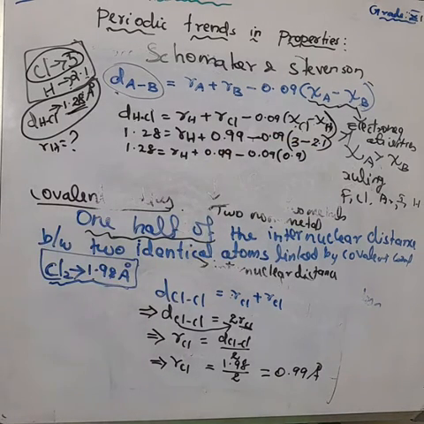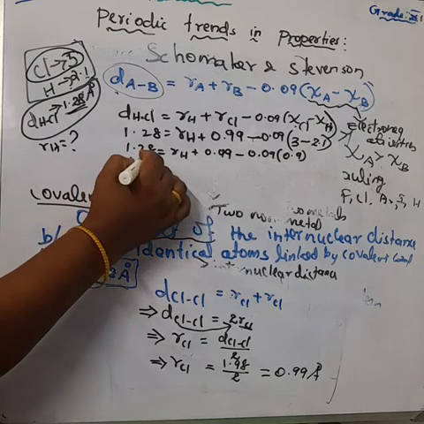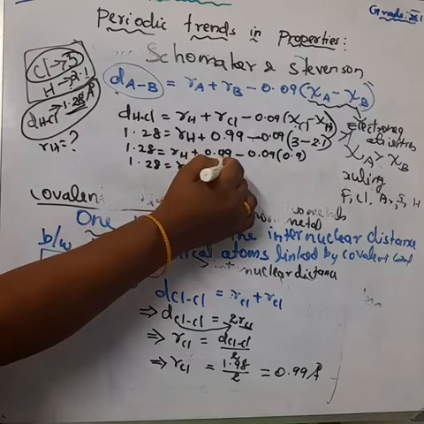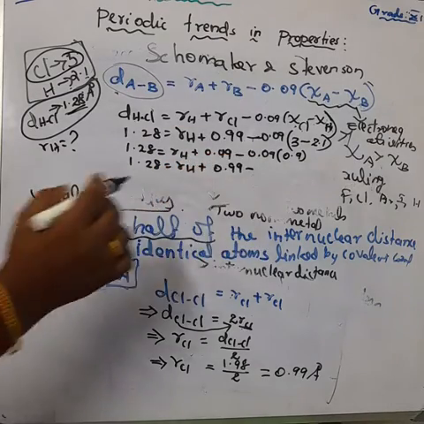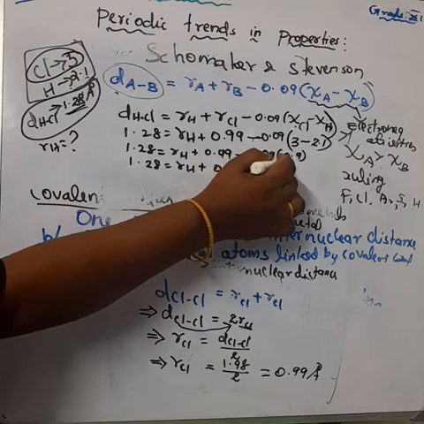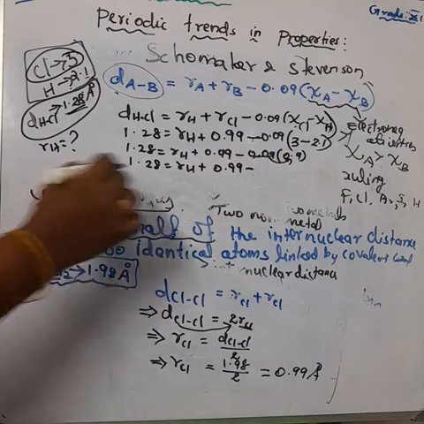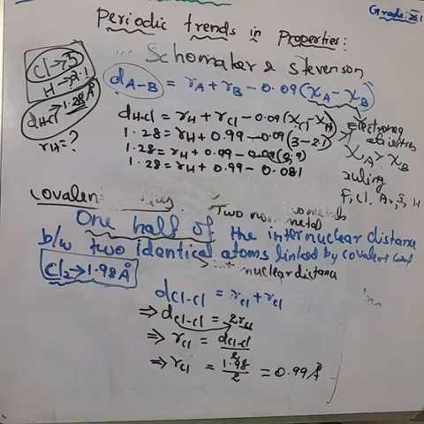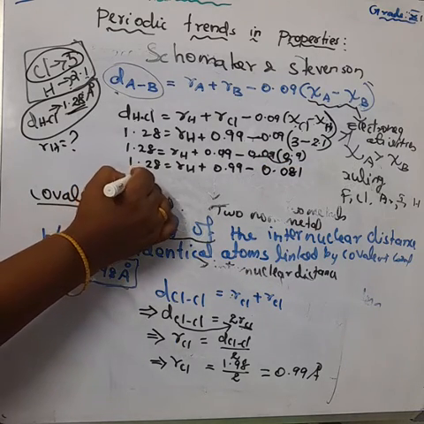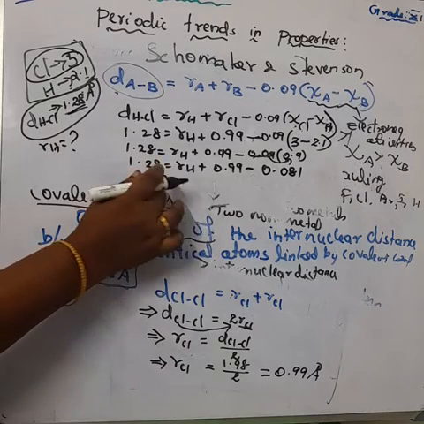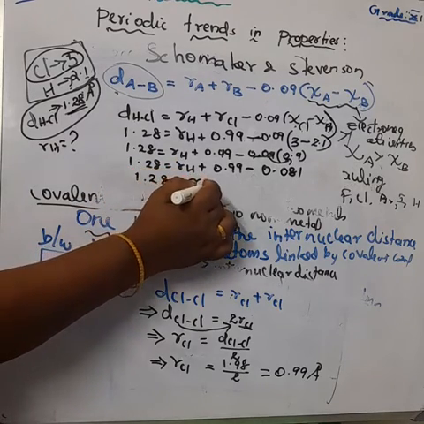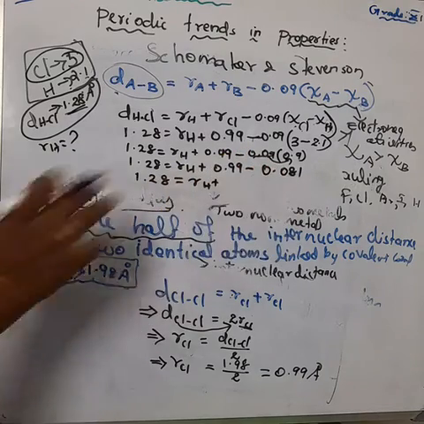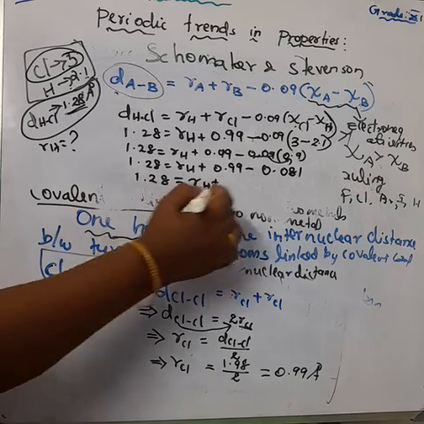Next, 1.28 is equal to R_H plus 0.99 minus, multiplying 0.09 into 0.9, we get 0.081. Now we subtract these two values: 0.99 minus 0.081 gives 0.909.